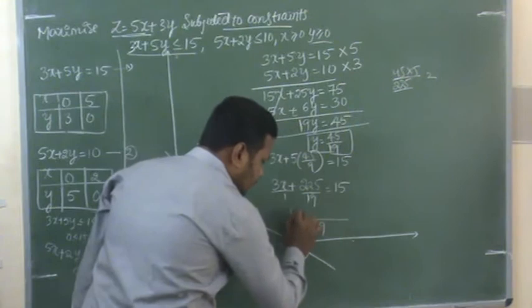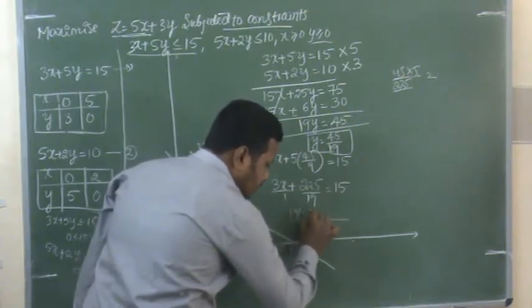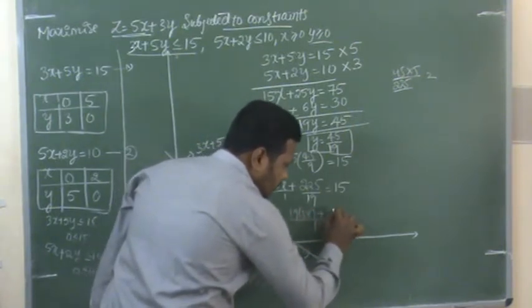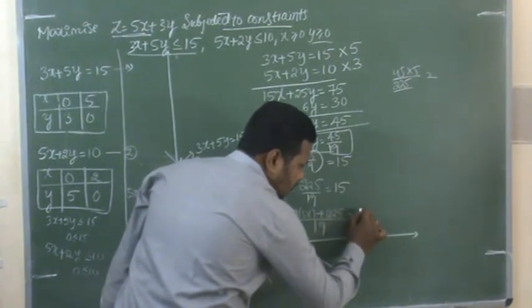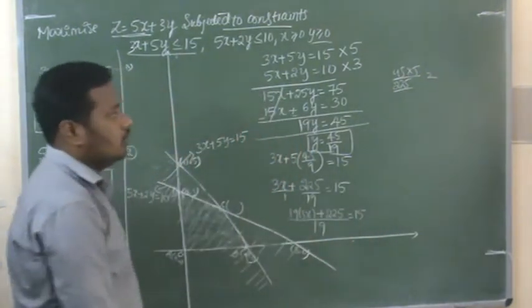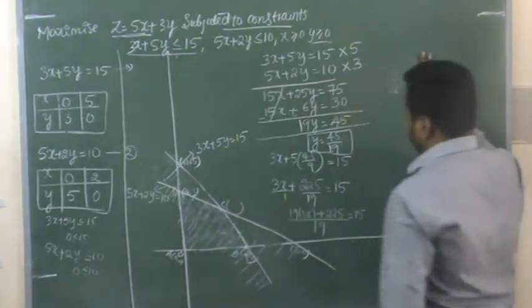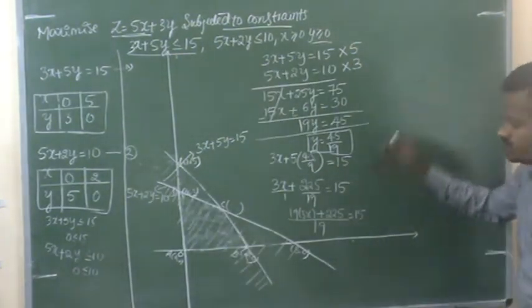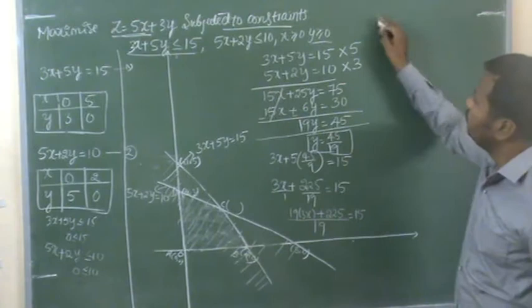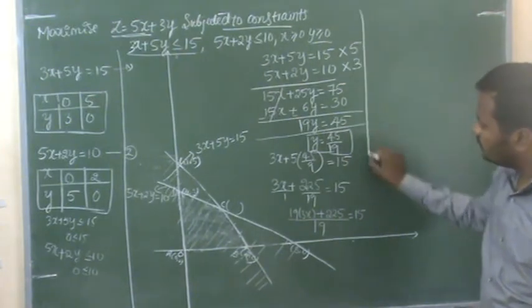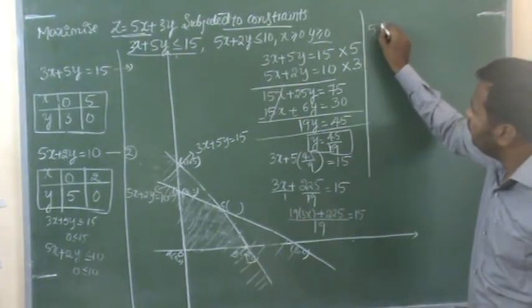Now 19 into 3x plus 225 is equal to 15. Next, 19 threes are 57.